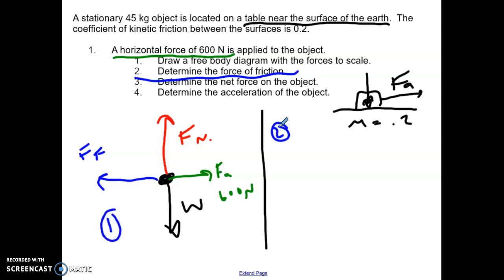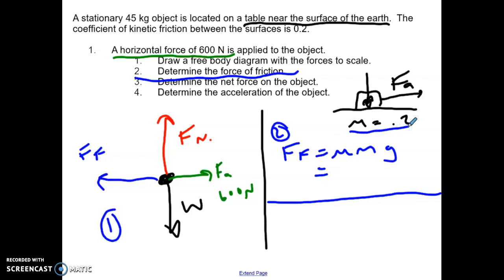Number 2 says to calculate the force of friction. I'm going to try and fit 2 and 3 on this section right here. The force of friction is equal to mu mg. The mu is given as 0.2. The mass is given as 45.